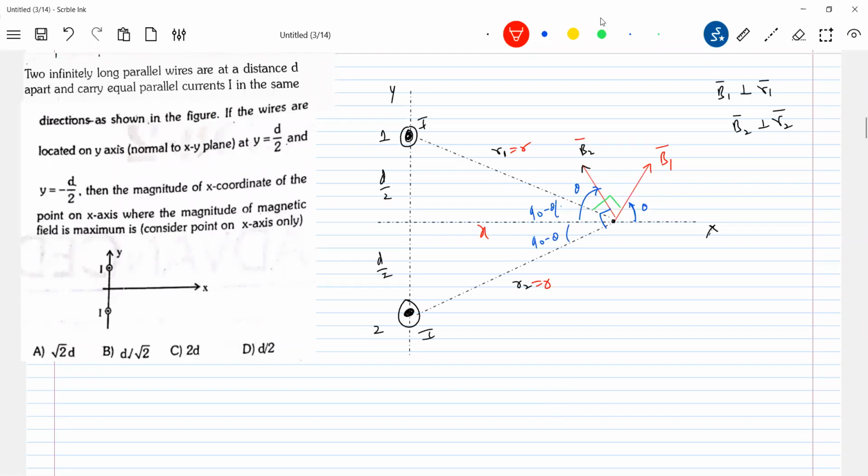The magnitude of field strength at point B1 equal to B, let it be mu naught I by 2 pi R. Resultant field, this one more vertical line. So this should be 90 minus theta.